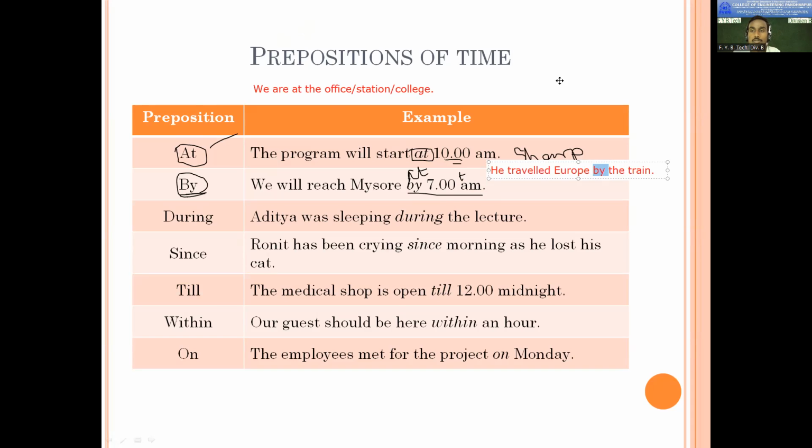This way you can also use "by". Or in passive voice, we know that everywhere we use the preposition "by", like "written by me". So in passive voice we use "by".